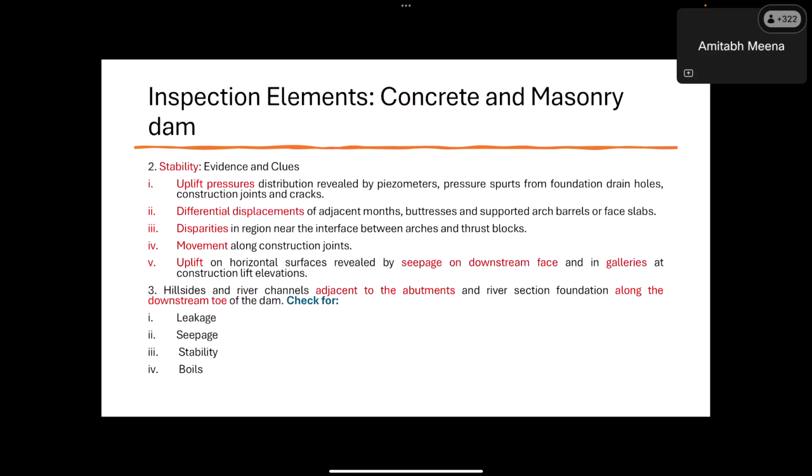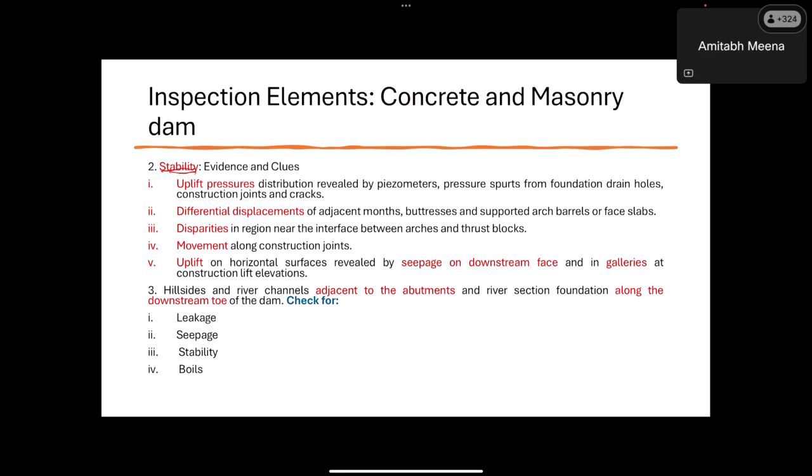Second thing is the stability. It also deals with the stresses only, but here we see the stresses actually cause the stability of the structure to fail, because if there are some cracks in the downstream toe of the dam, or there is some problem in the foundation, then the stability of the structure is affected, and that may lead to the collapse of the structure.